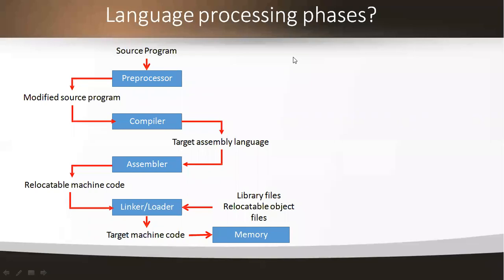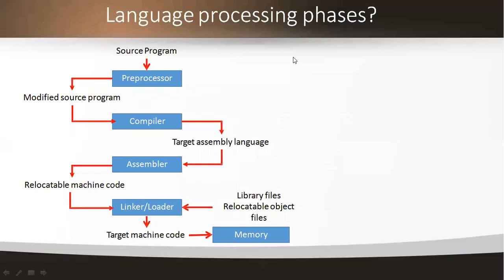See, from the preprocessor to the end of the linker or loader, in between we are using two types of translators, and we have to know how the performance of each and every translator works. Make a note of the difference between the translators that we are using in this language processing system.